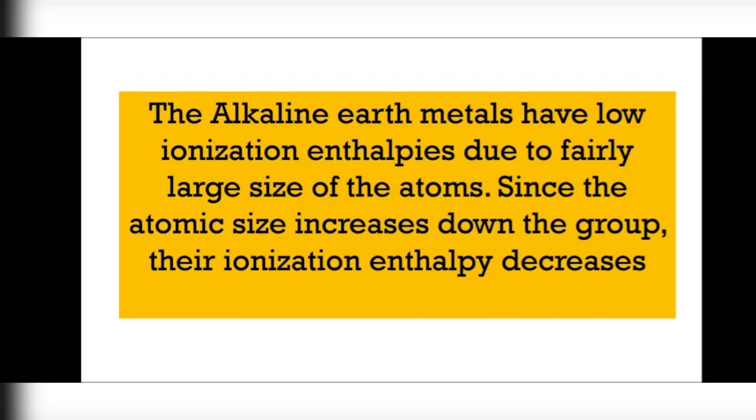Since the atomic size increases down the group, the ionization enthalpy decreases. As the shells increase, it is even easier to remove an electron from the outermost orbital, so the ionization enthalpy becomes lower still. That is all about ionization enthalpy.